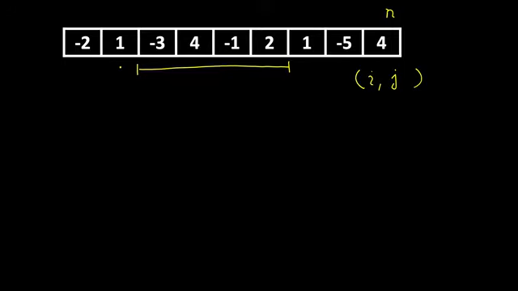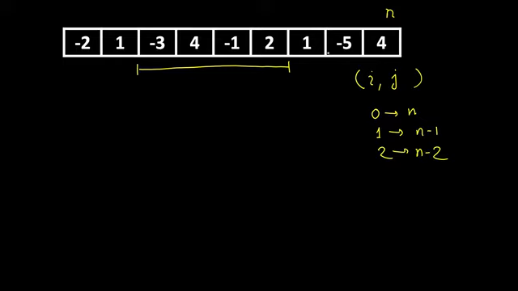Similarly, it can start from 1 also. In the earlier case, starting with 0, we can have n possibilities. Starting with 1, we can have n minus 1 possibilities, because it can be from 1 to 1, 1 to 2, 1 to 3. Similarly, starting with 2, it can go from 2 to 3, 2 to 4. So n minus 2 possibilities.